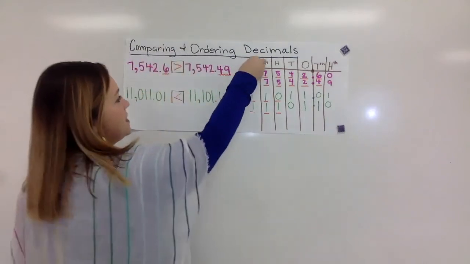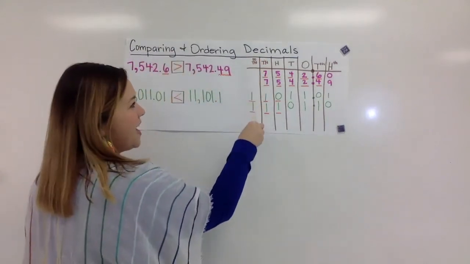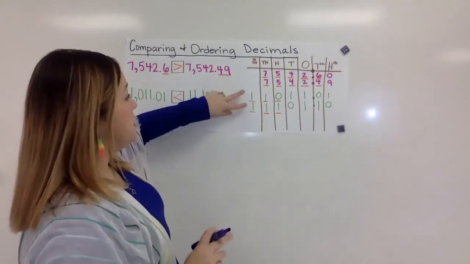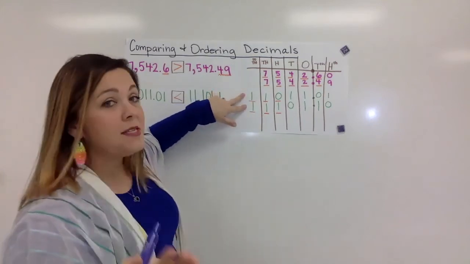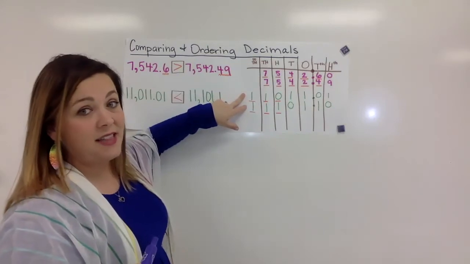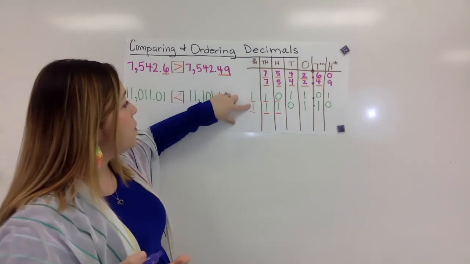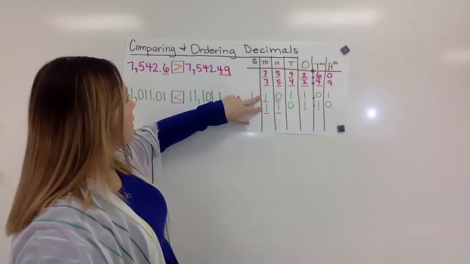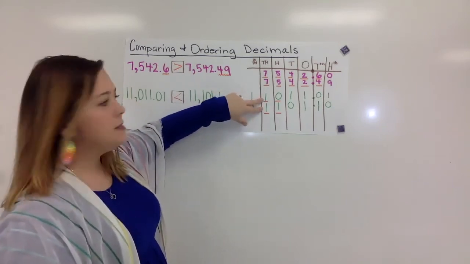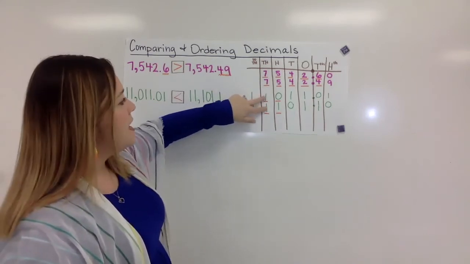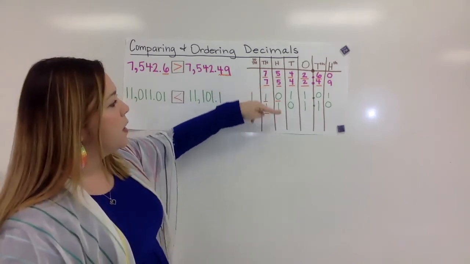So I'm going to look in the 10,000s place. I know that it's going to be one of these 2 numbers because they both have a digit in the 10,000s place, but I can't order them yet because they both have a 1. So I'm going to do the same thing as when I'm comparing and move to the next place. They both still have a 1. Now I'm going to come here, 0 and 1.